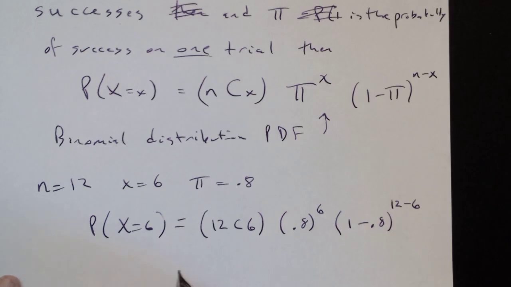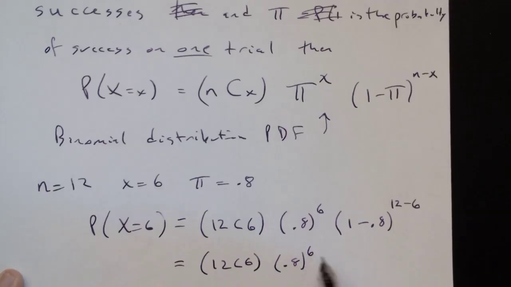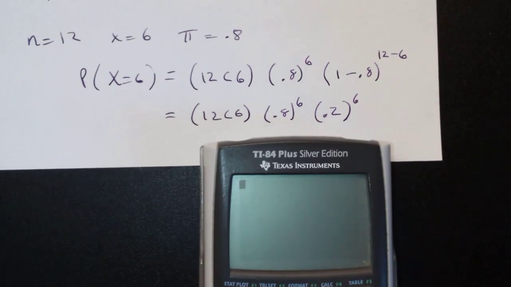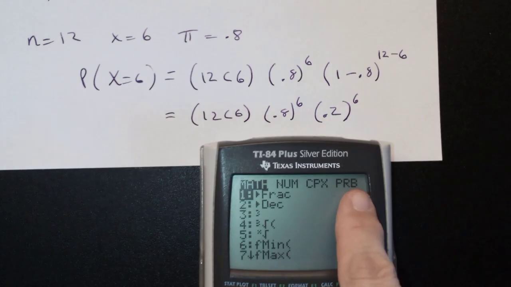Now, I'm going to do one more thing by hand. I'm going to simplify the 1 minus 0.8 and the 12 minus 6 in the last set of parentheses. Then this goes right here. 12, hit the math button. Probability is in this pile.